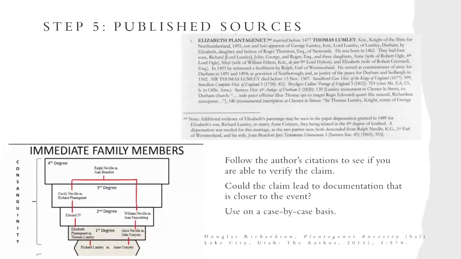Richardson's work is interesting because there are so many sources cited. Evaluating each one to see how he arrived at a claim allows you to backtrack through his methodology. Evaluating the cited sources brings you closer to the original.